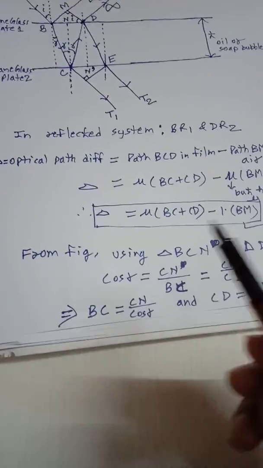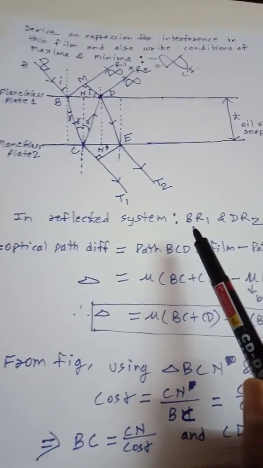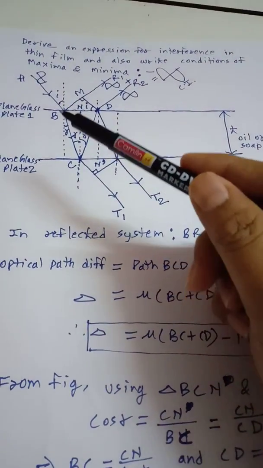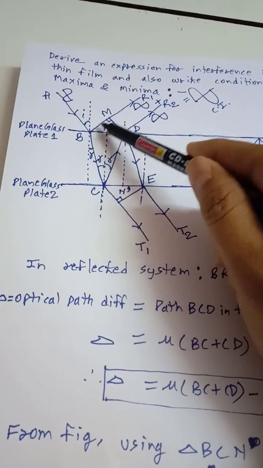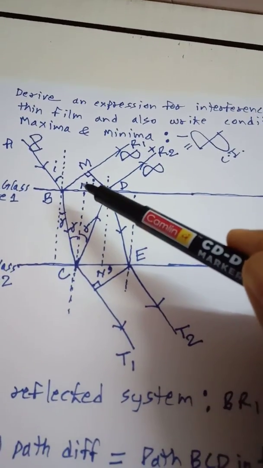Okay, let us continue the derivation, how it can be derived. So here in the reflected system, let us say BR1 and DR2 are the rays. So this is BR1 and this one is DR2, in the reflected system.